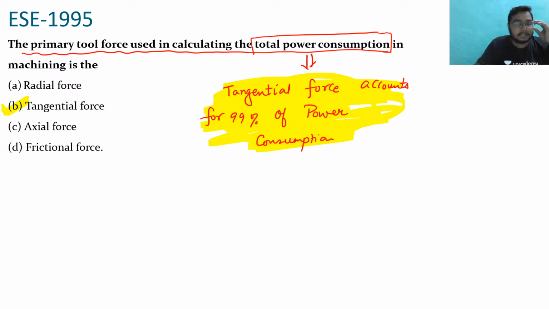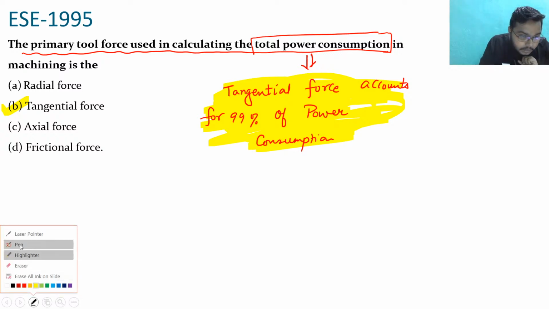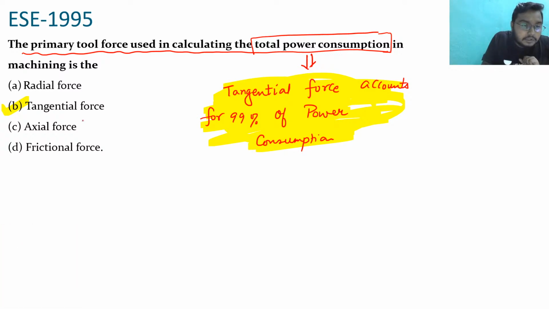Okay, see Asis, is this clear to you? I have explained. Tangential force means what? In this question, the examiner wants to ask that. See the options: radial force, tangential force, axial force, frictional force.